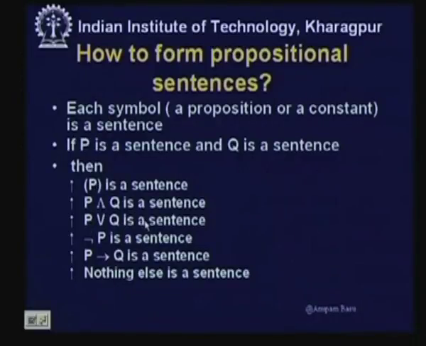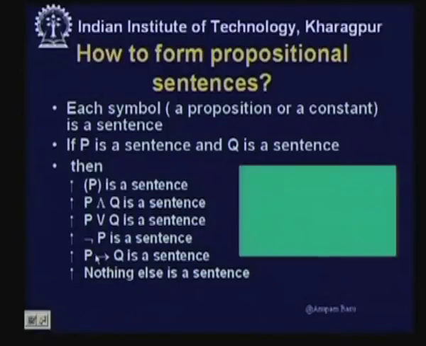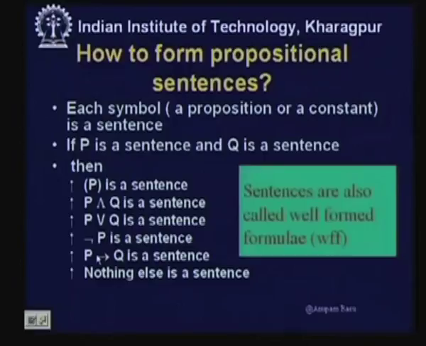P or Q will also be a sentence. Not P is a sentence. P implies Q is a sentence, and nothing else is a sentence. Often you will see sentences are also called well-formed formulae, written in short WFF. We will use the term sentence or well-formed formula interchangeably.